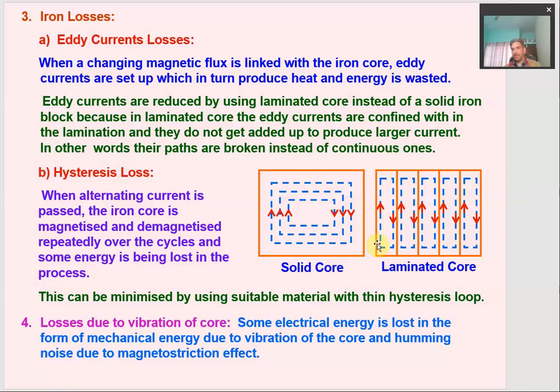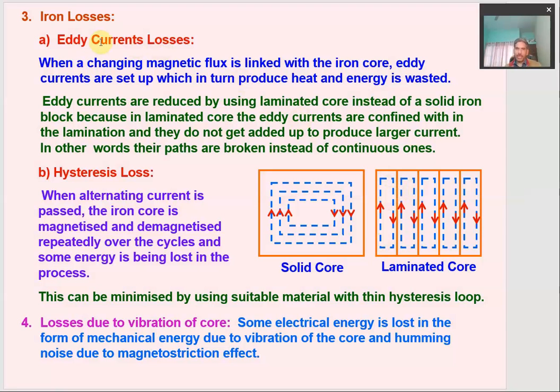When we make use of strips of iron for the coupling of the two coils, primary and secondary, in a transformer, the area is reduced, and hence the eddy currents are reduced.